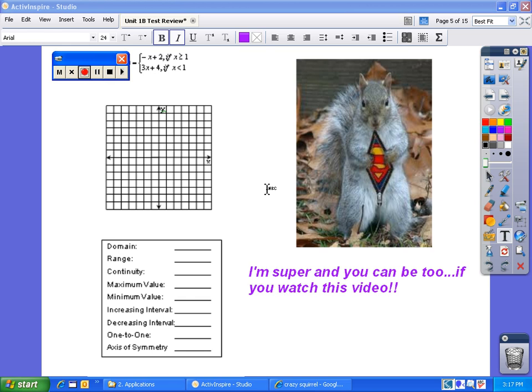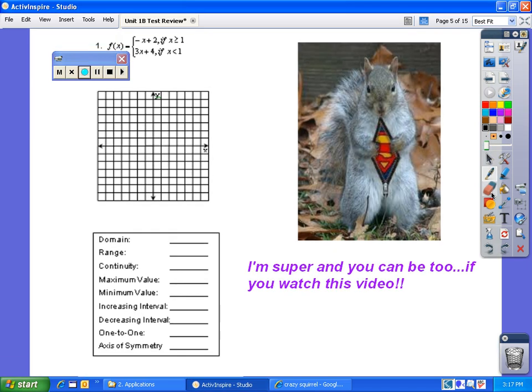Alright, first question, number 1, we did in class. And it's a piecewise. So every time you see a piecewise, you always have to make two tables. First table is going to go from 1, 2, and 3, because greater than means more than.